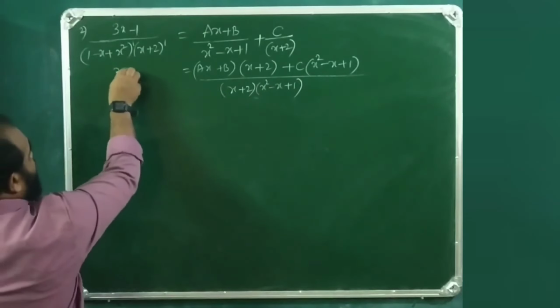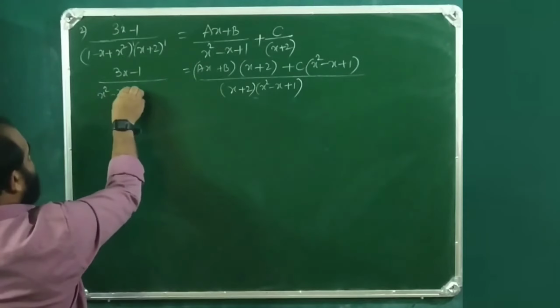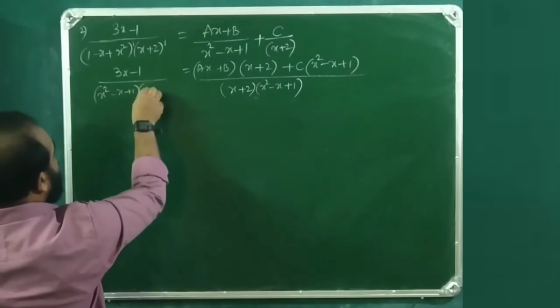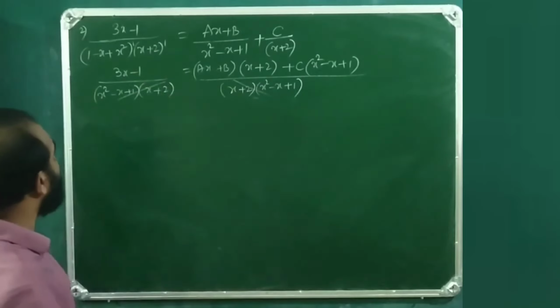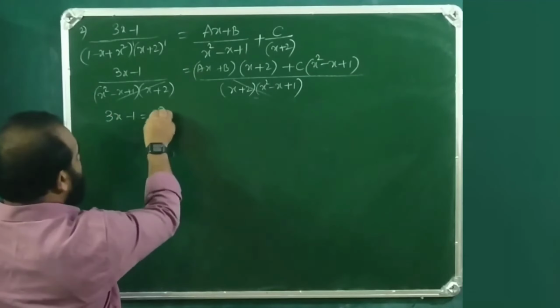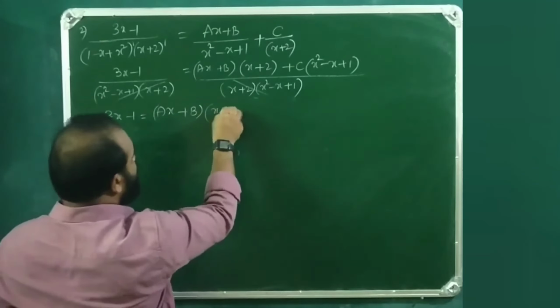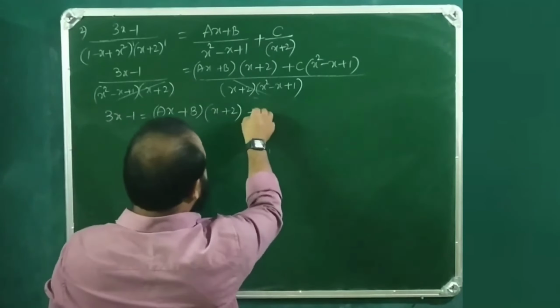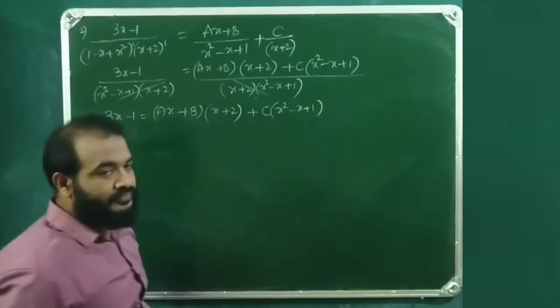This equals 3x minus 1 by (x square minus x plus 1) into (x plus 2). These two get cancelled. So 3x minus 1 equals (ax plus b) into (x plus 2) plus c into (x square minus x plus 1).